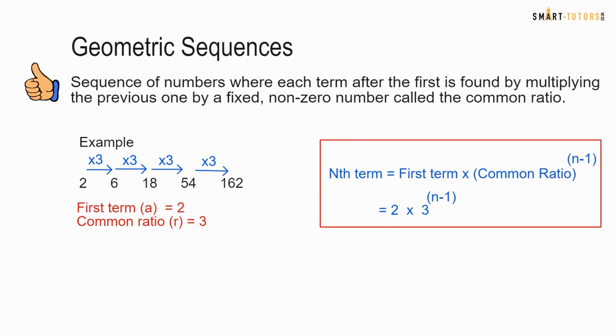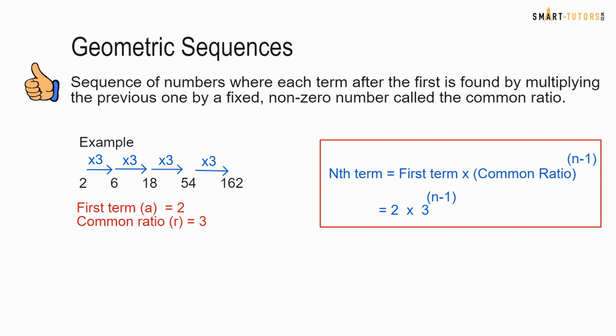Geometric sequences are sequences of numbers where each term after the first is found by multiplying the previous one by a fixed non-zero number called the common ratio. For example, have a look at the sequence 2, 6, 18, 54 and 162.